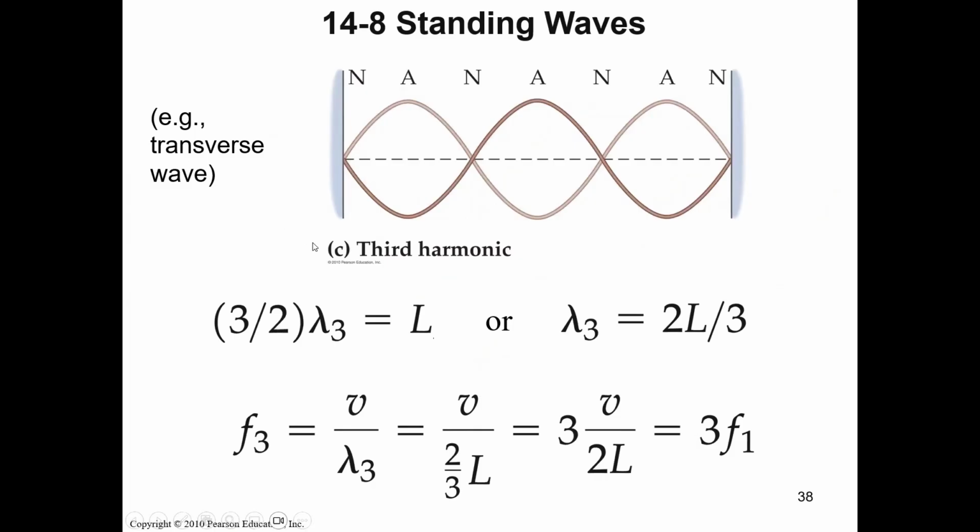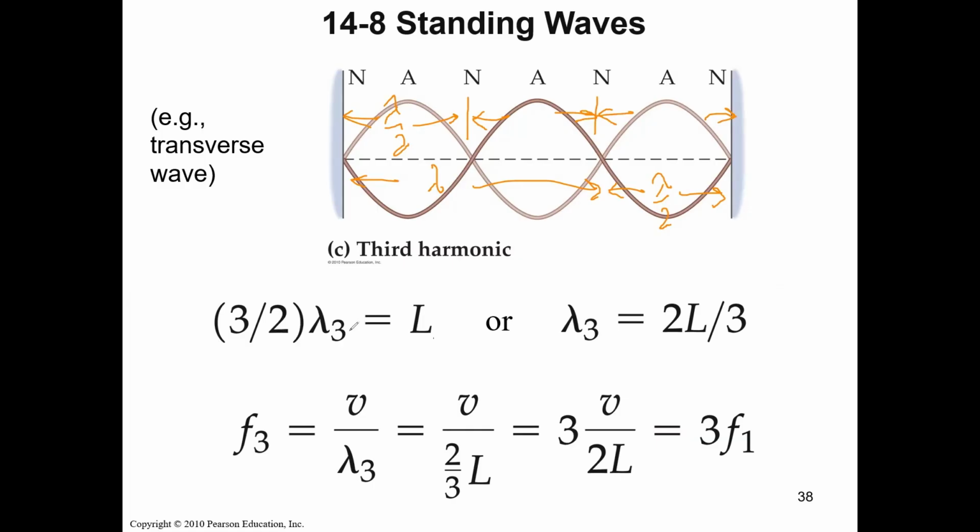Now look at the third harmonic. We see that there is one wavelength from here to here, and then there is a half wavelength. So basically between any two nodes, we always have a half wavelength, right? And the third harmonic basically has 3 times half wavelength.